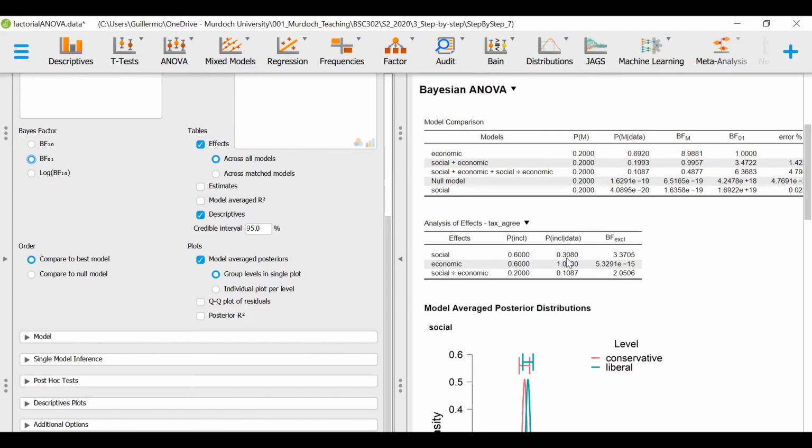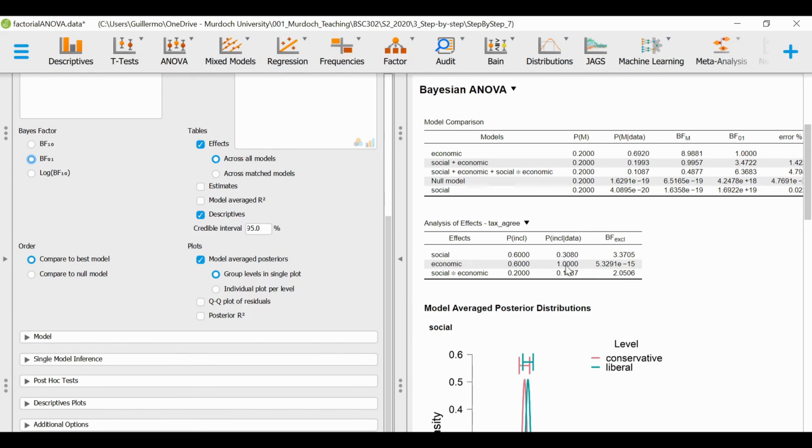For social, the posterior probability is 0.308 because it's adding the posterior probability of social plus economic, 0.199, the posterior probability of social plus economic and the interaction, 0.1087, and the probability for social, which is a very low number. Adding all these three values, that's 0.308.